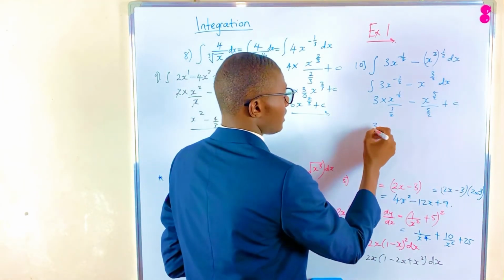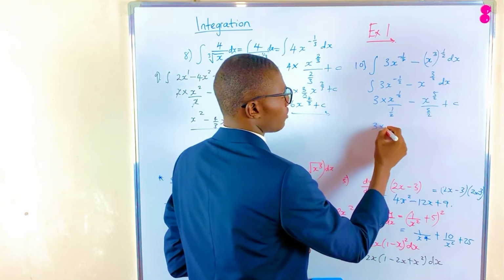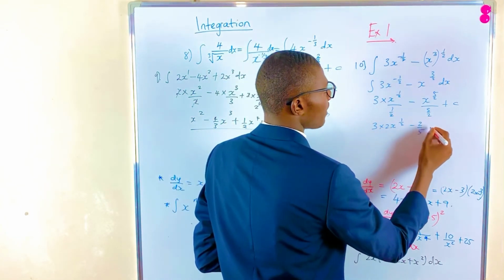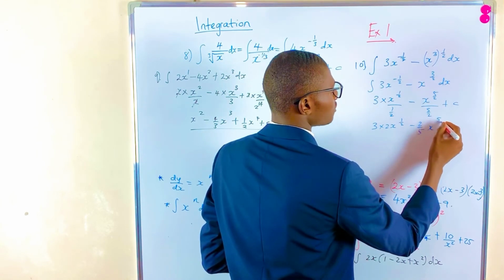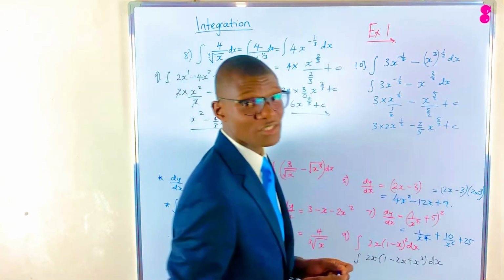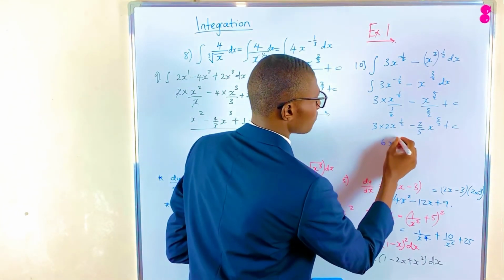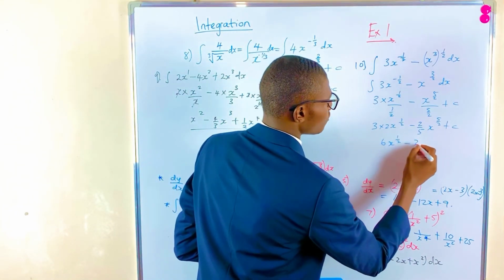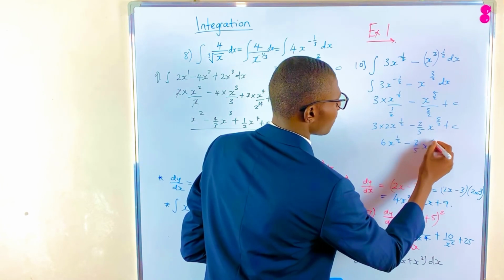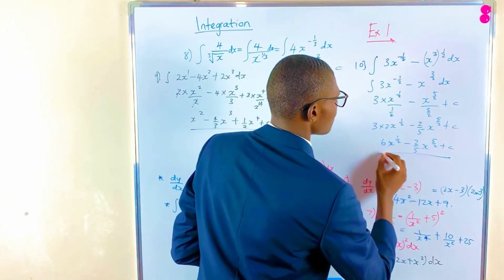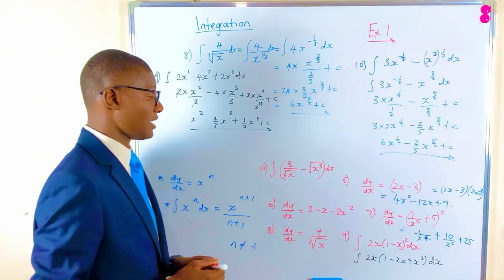So we're saying 3 times 2 x to the power of half, then minus 2 over 5 x to the power of 5 over 2 plus the constant of integration c. This would give us 6x to the power of half minus 2 over 5x to the power of 5 over 2 plus c. Okay, so this is how we integrate number 10.